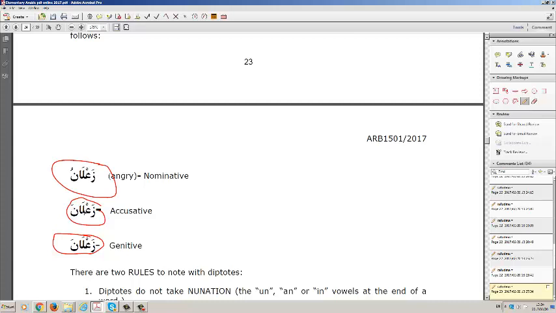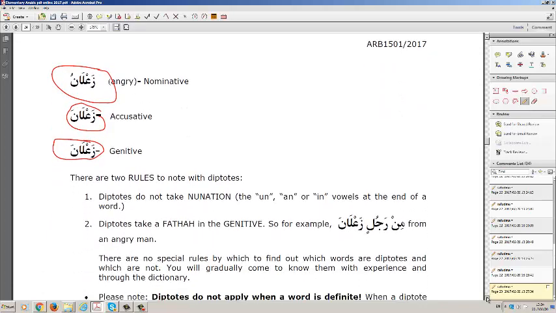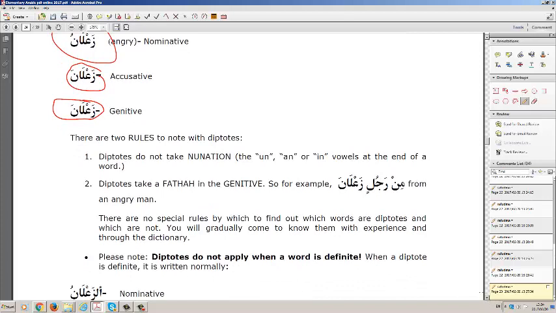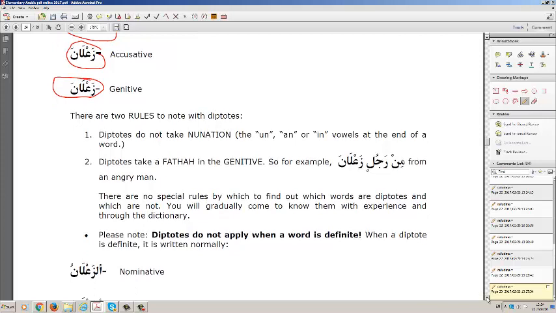So it's not za'alanun or za'alanan or za'alanin. It's za'alanu, za'alana, za'alana. This is called a diptote. The other feature of a diptote is that in the genitive it doesn't become za'alani, it remains za'alana, like in the accusative. So those are two things that you should be aware of, because it affects some of the rules in a sentence.